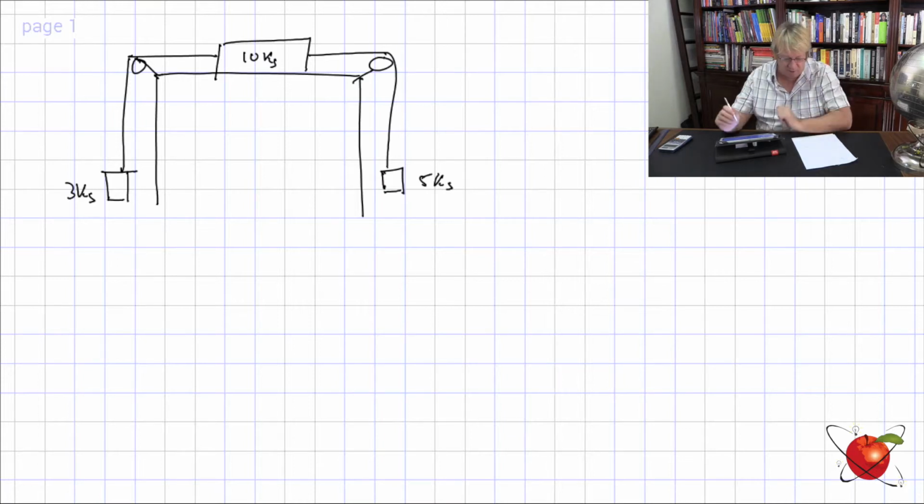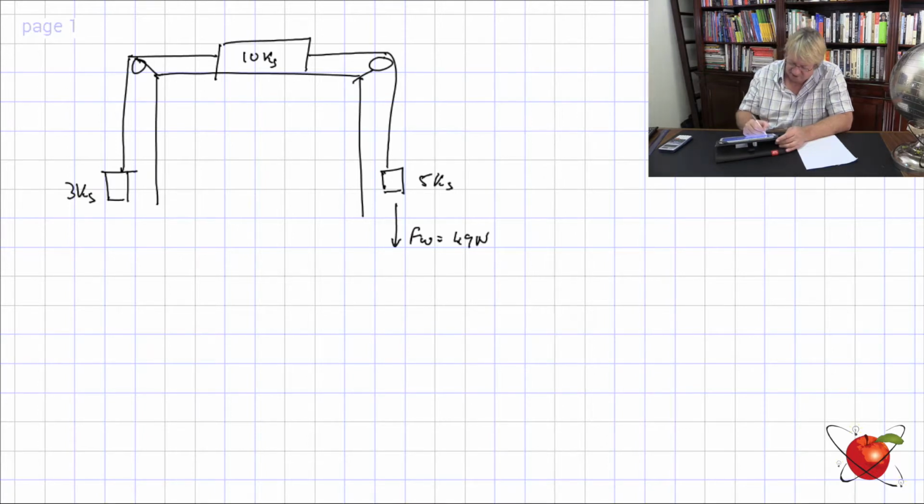What do we do first? We put in FW every single time. So let's put FW over here. This is going to be FW is 49 newtons, and this side they say FW is going to be 29.4 newtons, which is my weights acting.